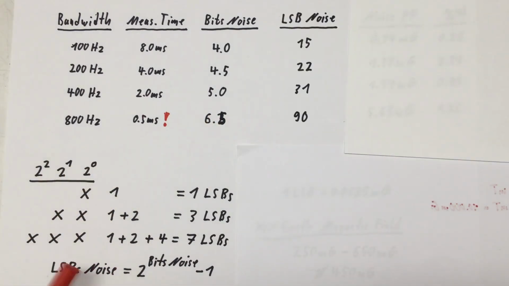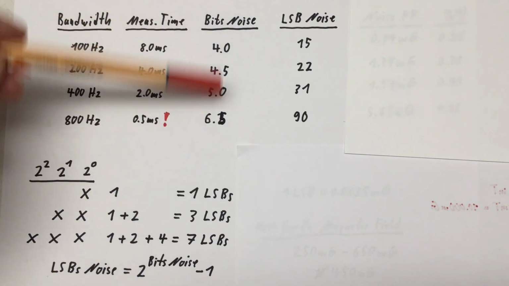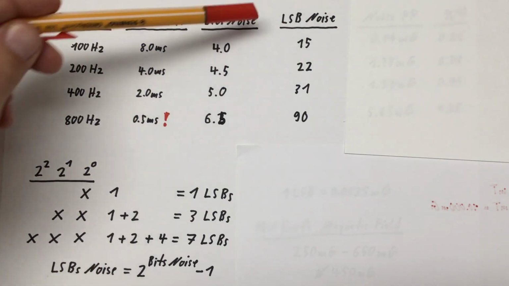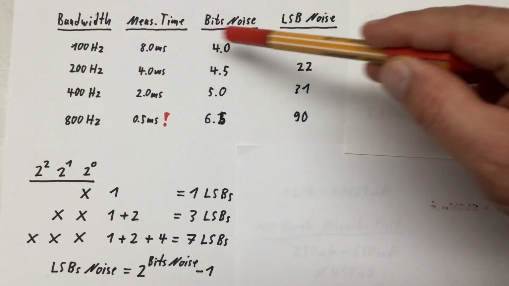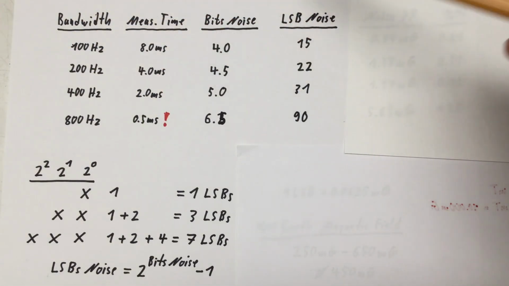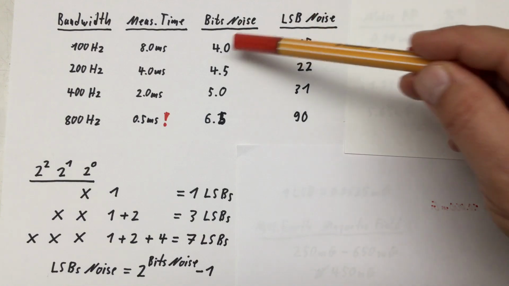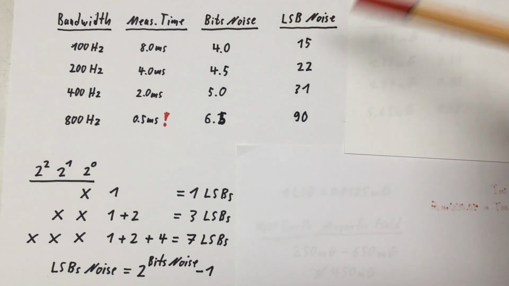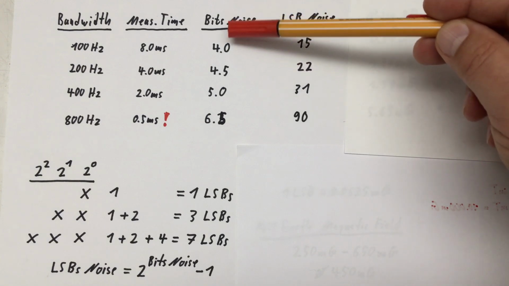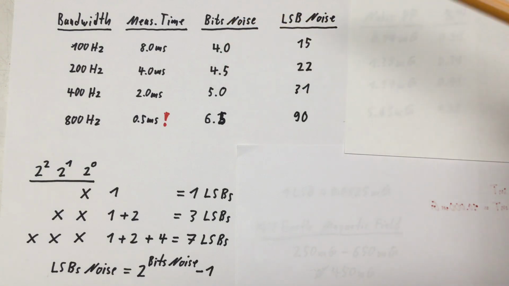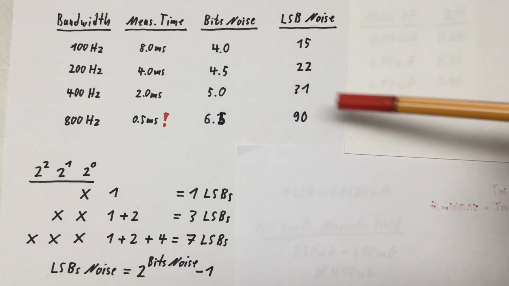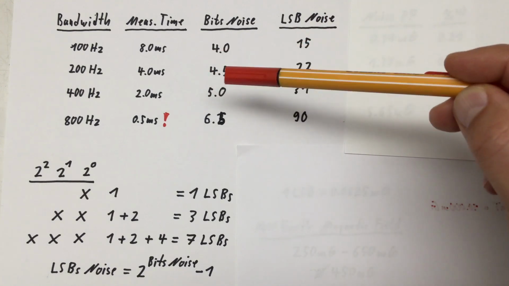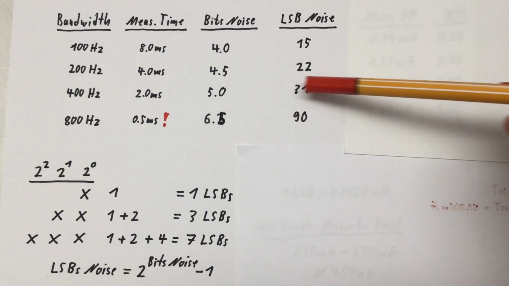If we apply that formula to our bits noise, we get the LSB noise numbers. For 4.0 we get 15 LSBs noise, 2 to the power of 4 minus 1, so 15. Then 4.5 is 22, and 2 to the power of 5 minus 1 is 31.